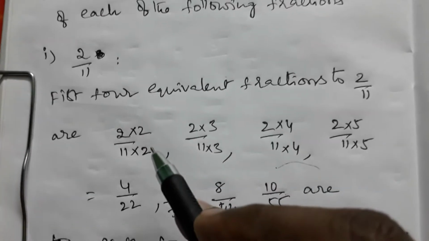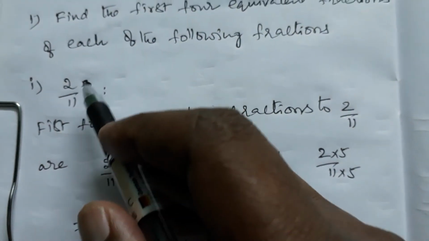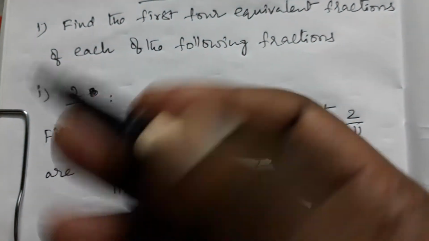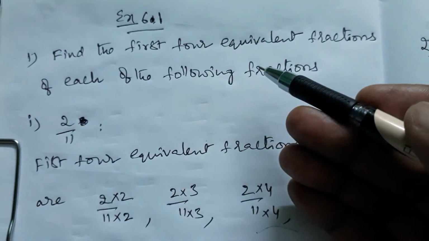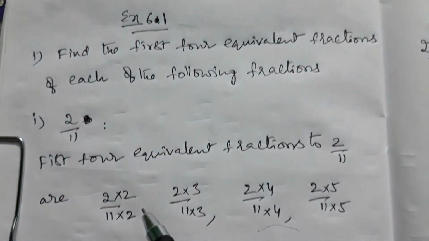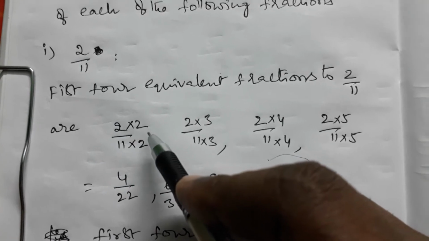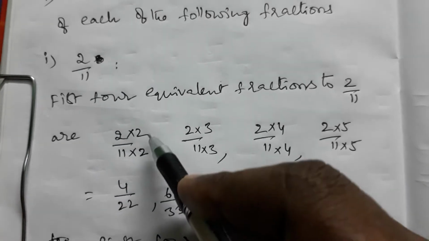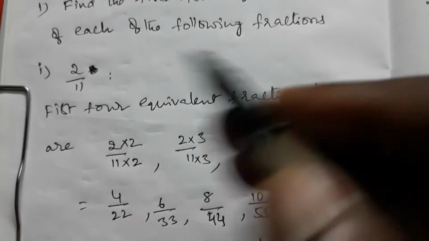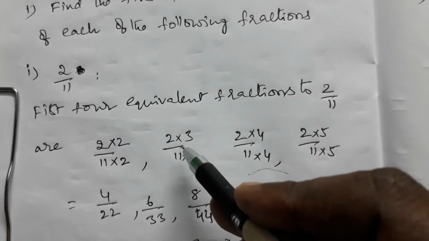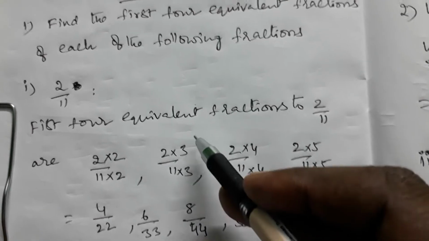So that is why I start with 2. If I multiply with one table both numerator and denominator, the same only we will get. But I want equivalent and first 4. So that is why I am beginning with the next, 2 table. So multiply numerator and denominator with the 2 table. Next equivalent fraction, how we get that? The same 2 by 11, multiply with 3 table, numerator and denominator.